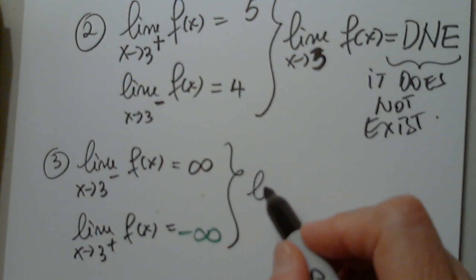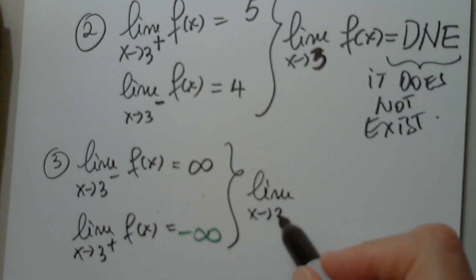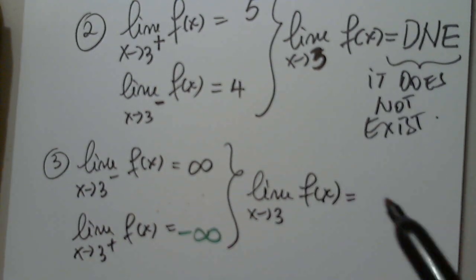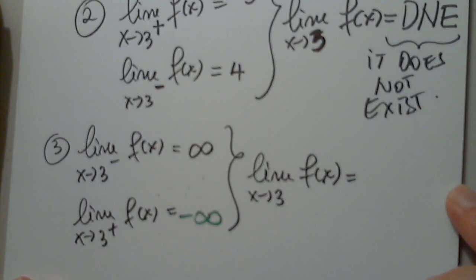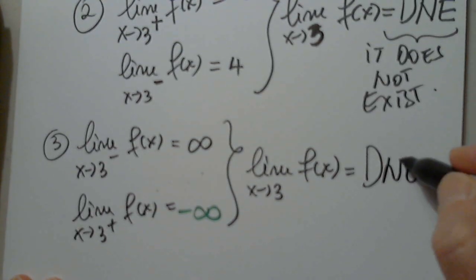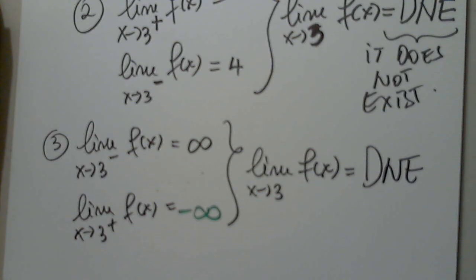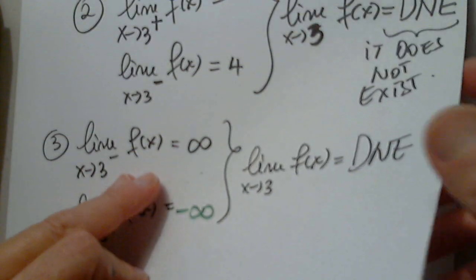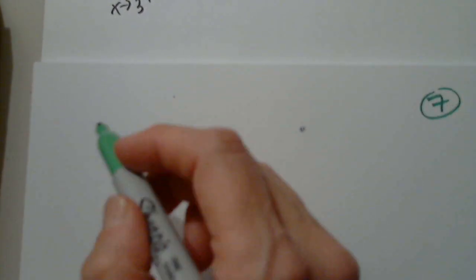So then what will I say about the limit as x approaches 3 from either side of f of x? It doesn't exist. Excellent. Now, one more thing before we look at the examples in the book. A very important situation. What about this?